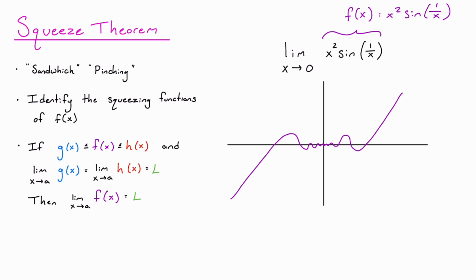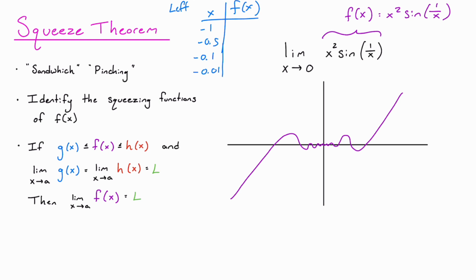So if you were to do the table method, I will just write a quick example here. These are made up values because I don't know the actual values, but it would look something like this. If you're looking from the left-handed side, so from the negative side of this graph, and we're looking as x approaches 0, then we want to choose numbers slightly less than 0. So let's choose -1, -0.5, -0.1, and -0.01.